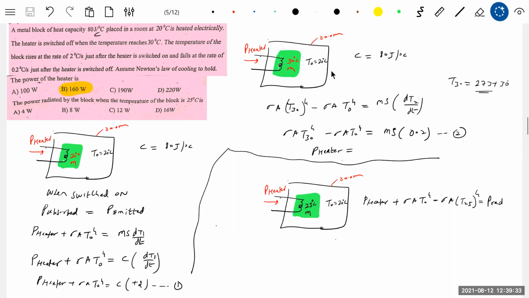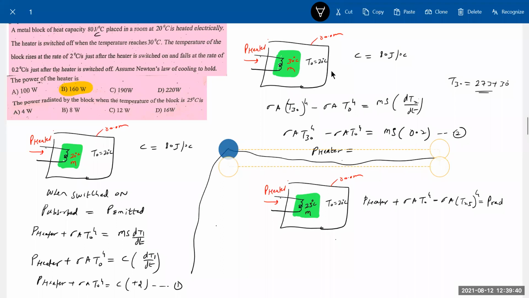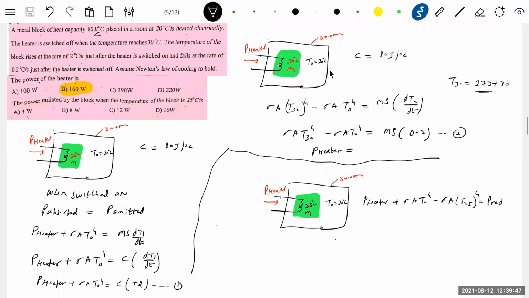How much value will come based on that value? If you give me this value, then I can go on.